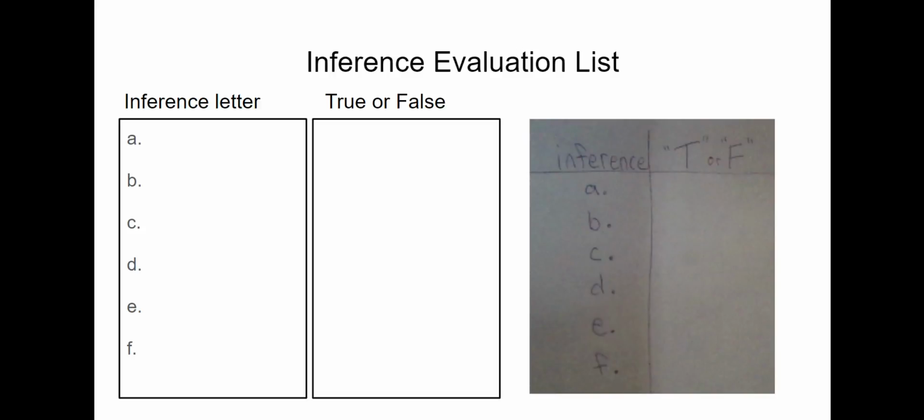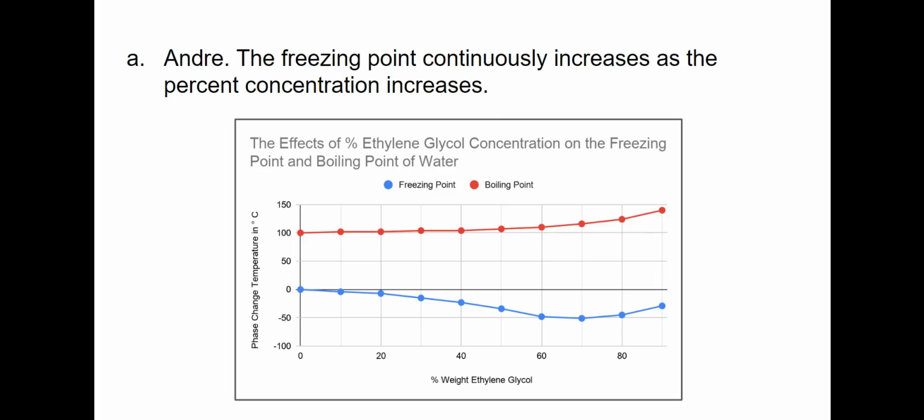So again, what we're doing is we're going to evaluate each one, and we're going to determine, based on the data that's in the table or the graph, which one of these inferences I could consider as true or false. So let's get started with the first one.